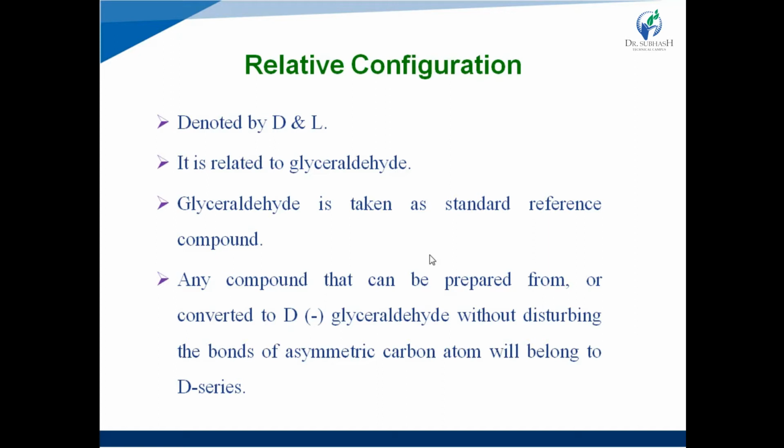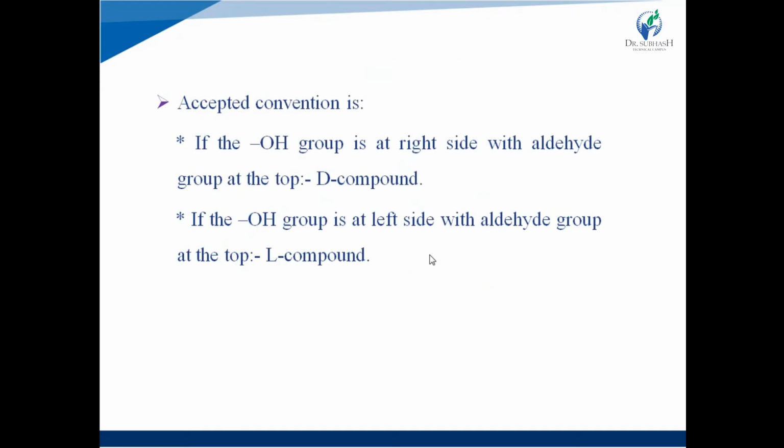So when a compound is prepared from D-glyceraldehyde, or converted into it, without disturbing the bonds of the asymmetric carbon, the molecule is from the D series. Here the D or L configuration is not related to whether it is levo or dextro. In the glyceraldehyde molecule, the accepted convention is that if the OH group is on the right side with the aldehyde group at the top, then the compound is from the D series, and if the OH group is on the left side with the aldehyde group at the top, then the compound is from the L series, right?